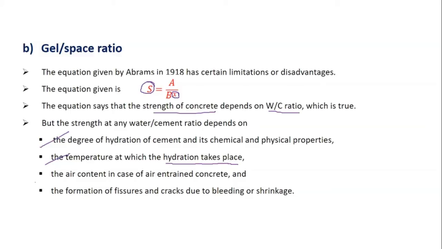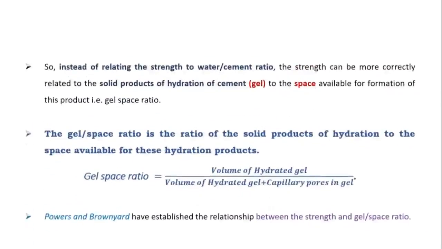And next, the air content in case of air entrained concrete, and the formation of any fissures or cracks due to bleeding and shrinkage cracks. So these also influence the strength of the concrete and not only the water cement ratio. Therefore, this equation which is given by Abrams is not that accurate in the calculation of strength of concrete.